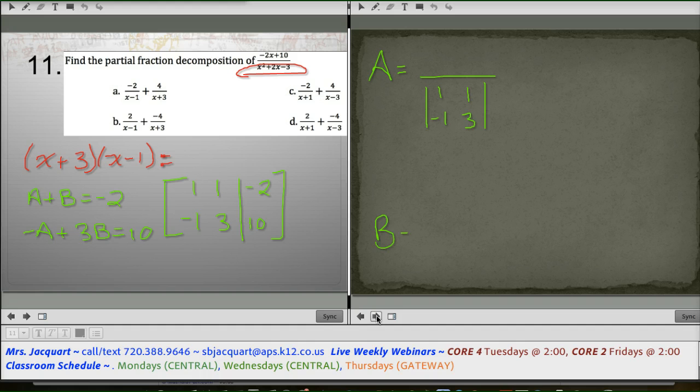For B, the denominators can be the same. The numerator changes. For A, the x column switches to be negative 2, 10, and the y column is the same. For B, the x column is the same and the y column switches.